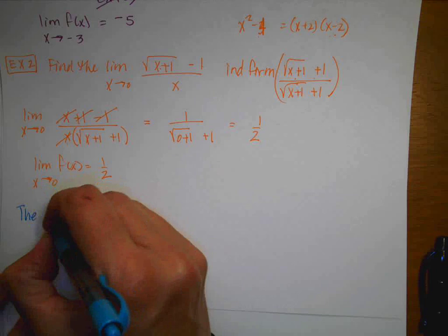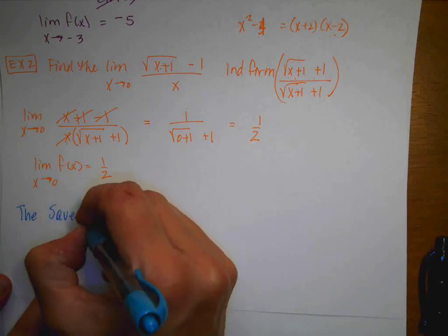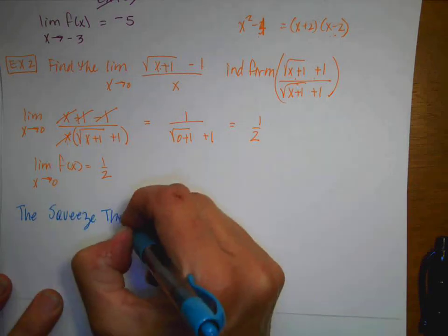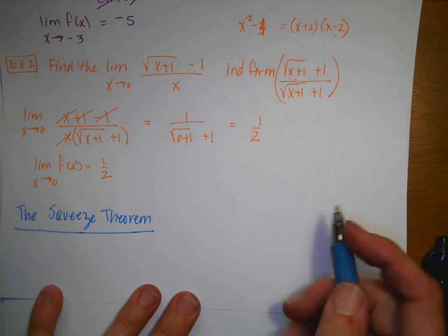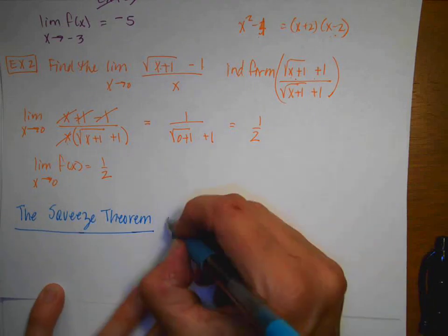The next thing that we're going to talk about is kind of a cool thing, and it's called the squeeze theorem. And it's a way to talk about a limit by talking about what happens with other functions.